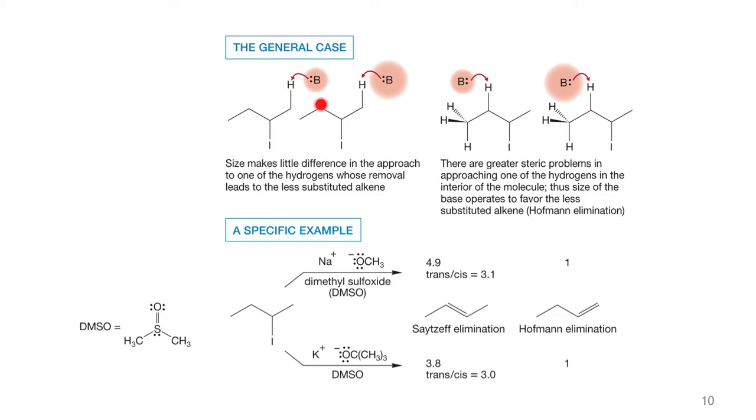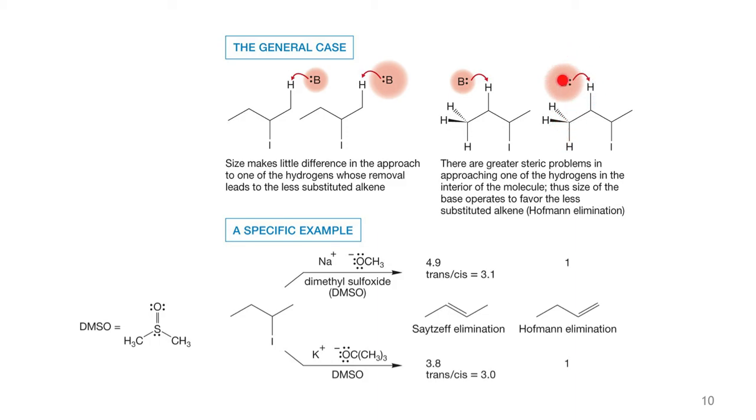So here these red clouds kind of indicate large electron clouds because of the structure. So small bases generally have kind of equal ability to pull hydrogens off regardless of where they lie within the structure, whereas with these large bulky bases, the rest of the molecule starts to get in the way and we get steric interference.